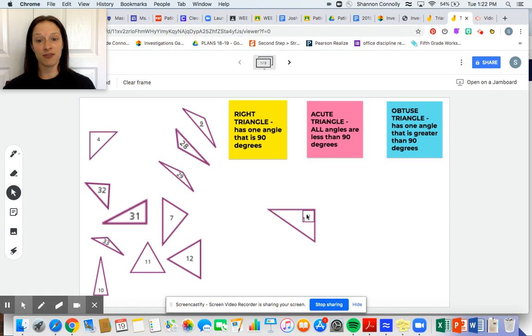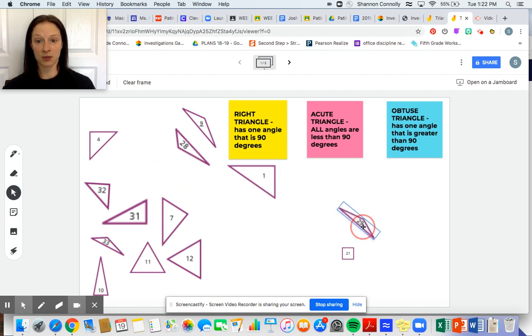So when I take my square tile and fit it in here, I can tell that the angle measurement is definitely 90 degrees. Since it has one angle that's 90 degrees, and it can only have one because of how triangles are set up, I know I'm gonna call that a right triangle, okay? All right, let's look at this one over here.